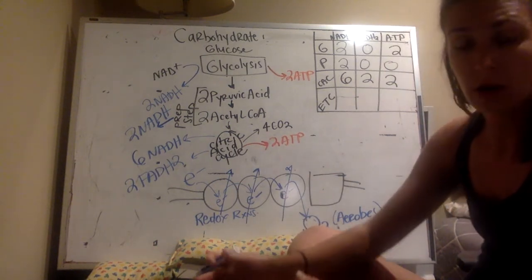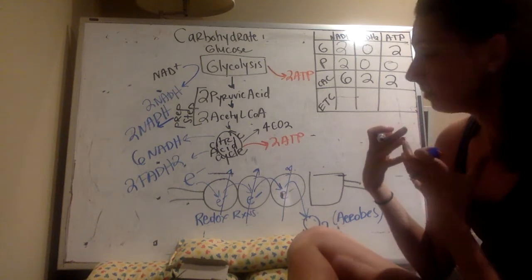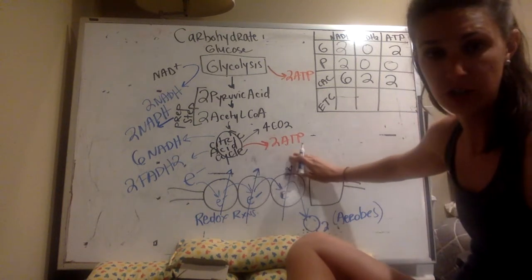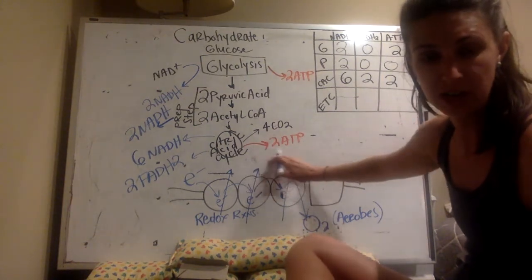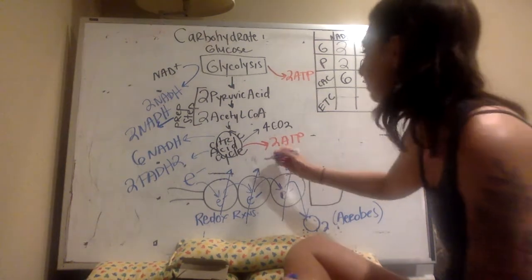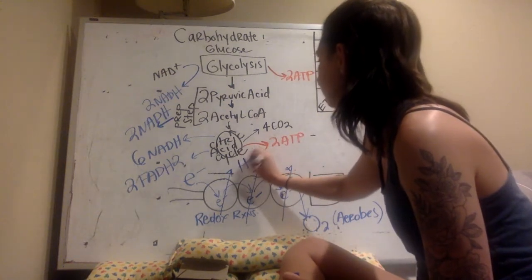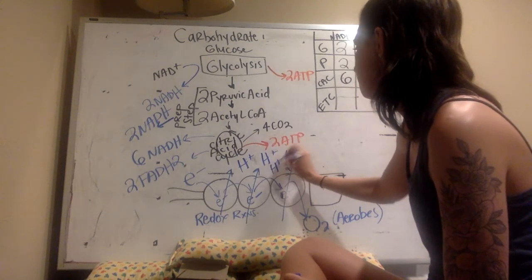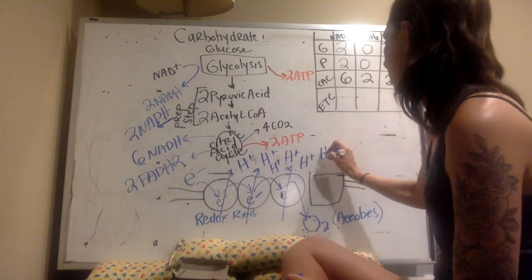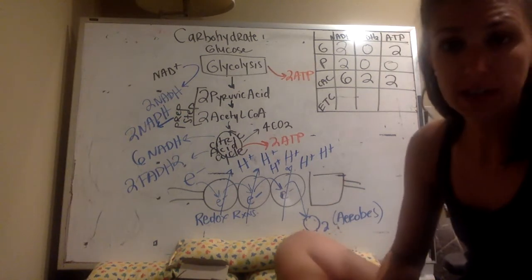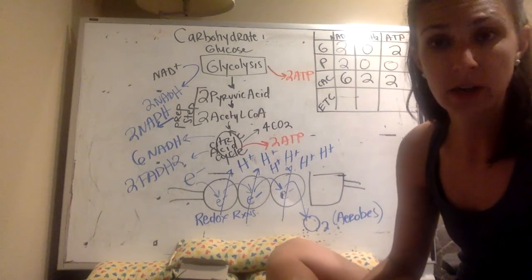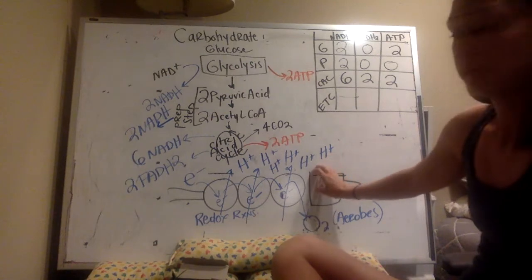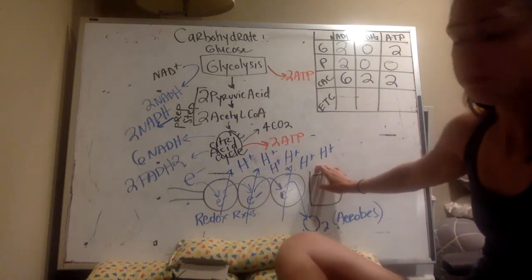They're moving them all outside of the cell, and it's making a concentration gradient, so a high concentration of hydrogen ions outside of the membrane. So this is an active transport mechanism that requires energy because it's against their concentration gradient.